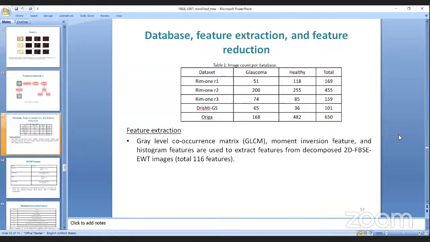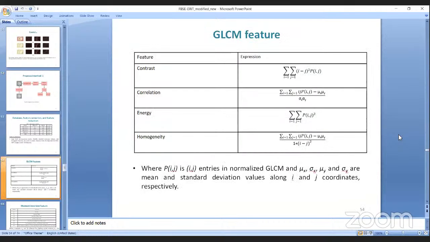And in order to extract features, we have extracted gray level co-occurrence matrix, GLCM, features, moment invariant features, and histogram based features. In this way, we compute 116 features in total. Here you can see this table shows the mathematical expressions for the GLCM features.